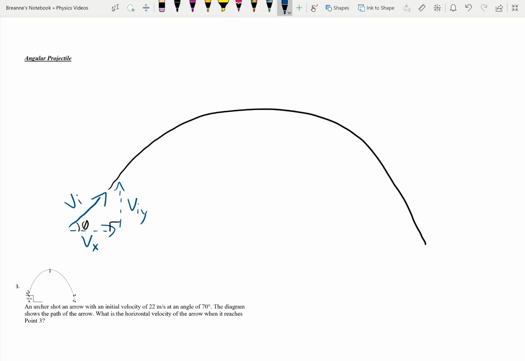So a couple of things to remember: Viy decreases as it goes up until it eventually reaches the very tippy top, and your Vy at the top is 0 meters per second.